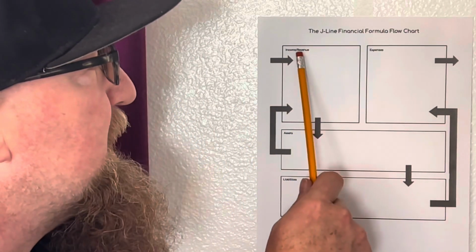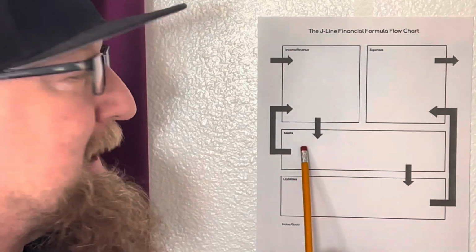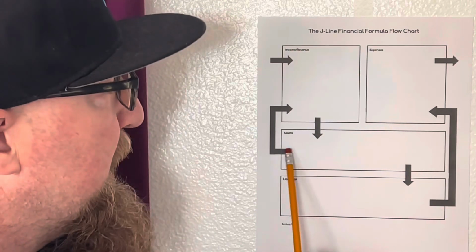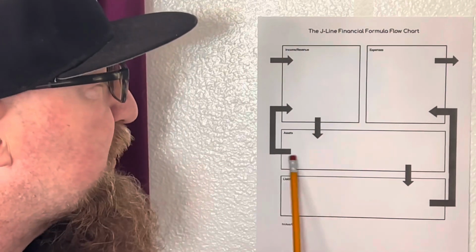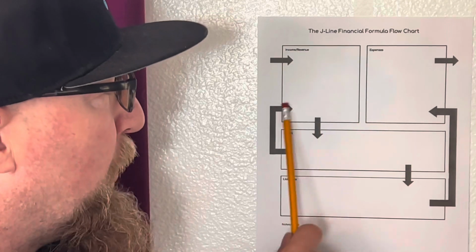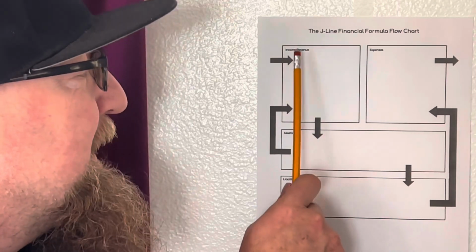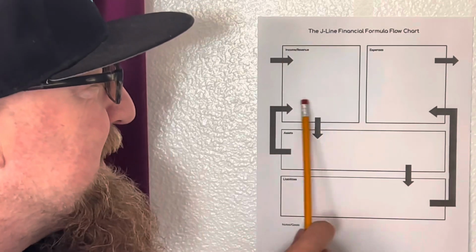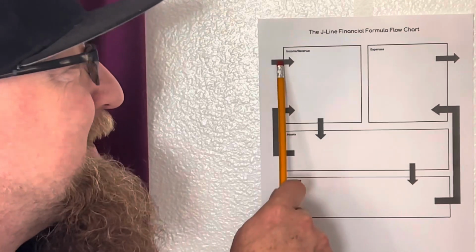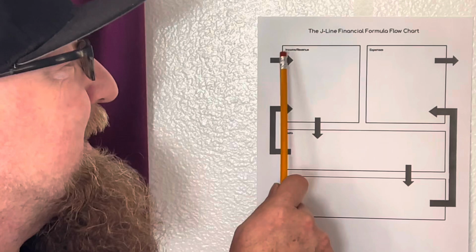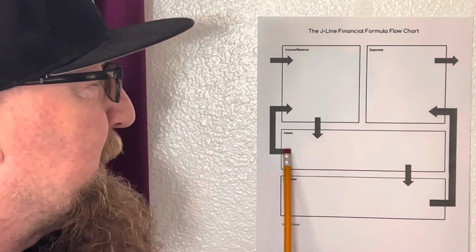Because eventually, if you have your income creating assets that are making you money, then this becomes a huge snowball effect where there's more money coming in here than there is here. Once that happens, you know that you don't need this anymore. You don't need this income. Your assets are developing income.